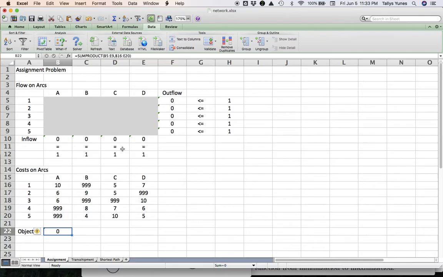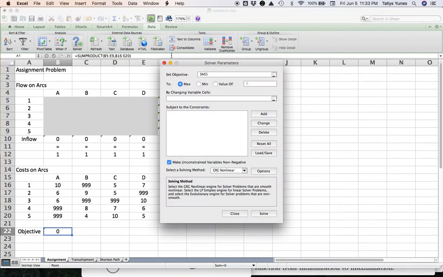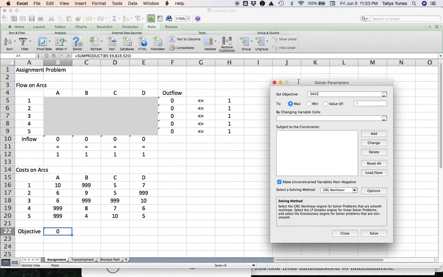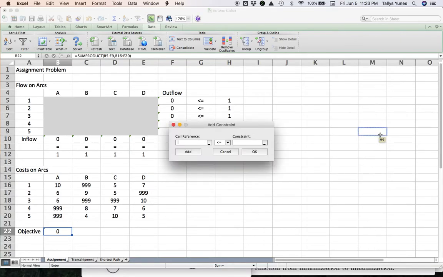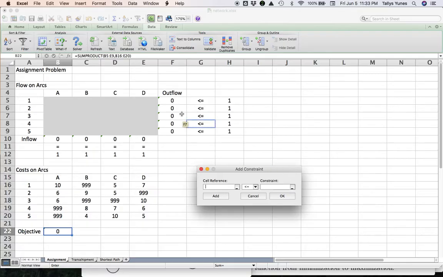Great, so if we finish with this objective formula here, now we can go to Solver and fill this in. So the objective cell is where we have our cost, right? Because it's cost we want to minimize. The variables is the whole block of gray cells here. And the constraints will be, well, 2 groups.